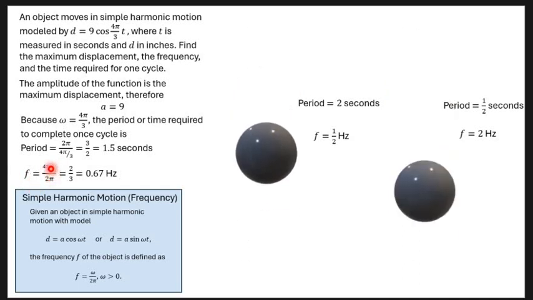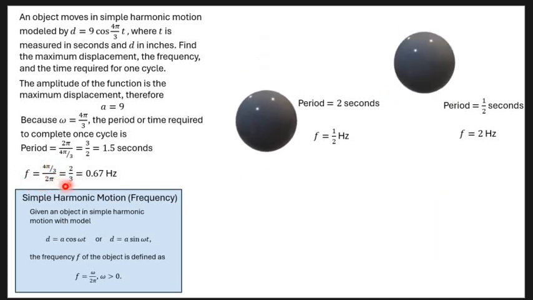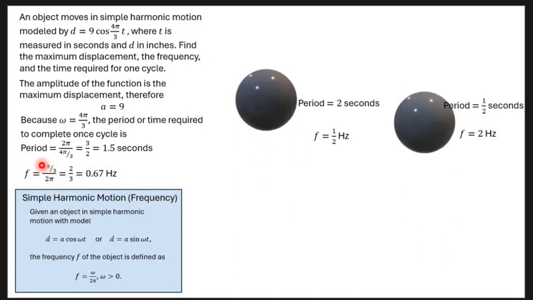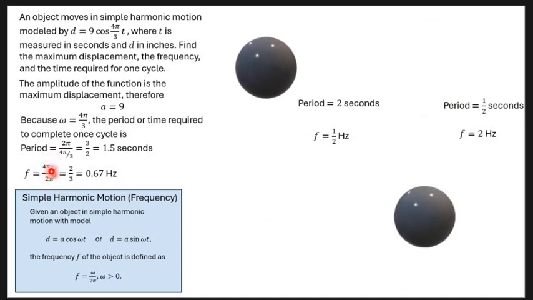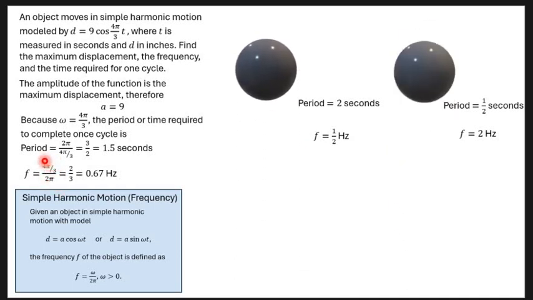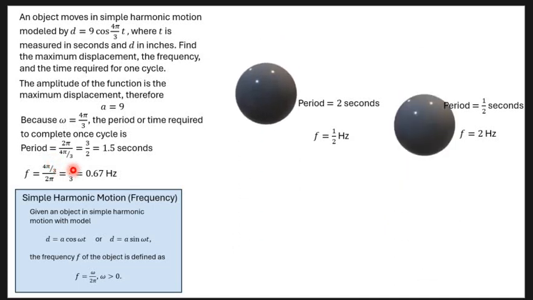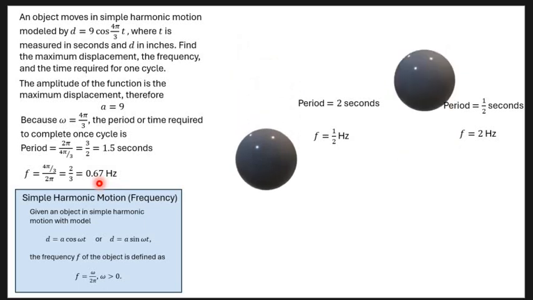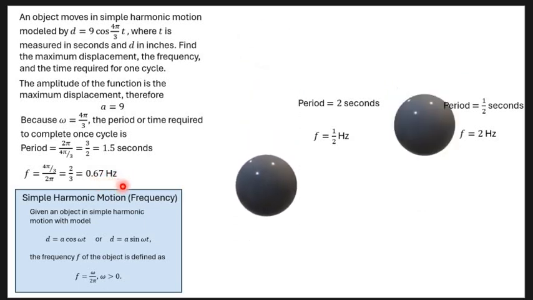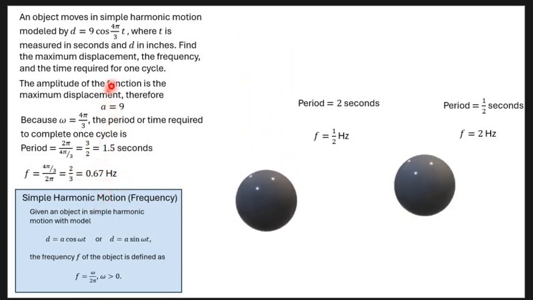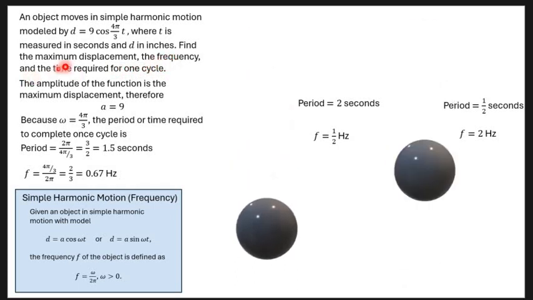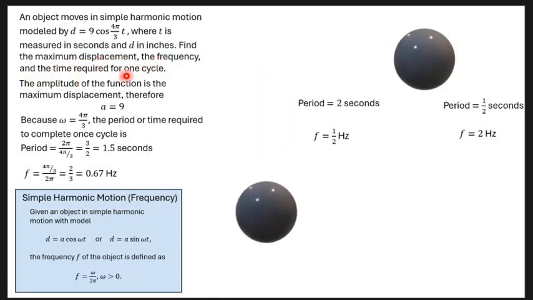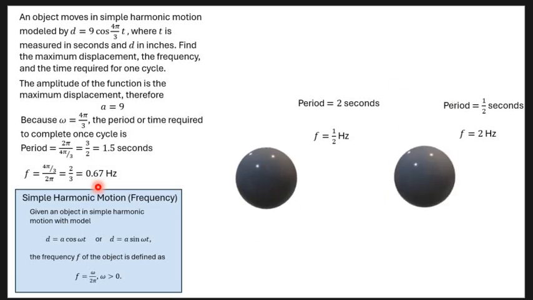So the frequency is then 4 pi over 3 over 2 pi, and you flip this over, the pi's cancel, you get 4 over 6, and 4 over 6 reduces to 2/3. So the frequency is 0.67 hertz, and that is how we find the frequency, the maximum displacement, and the amount of time required to complete one cycle.